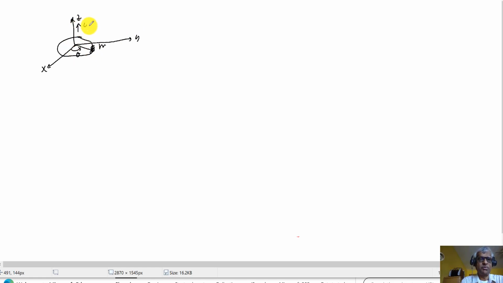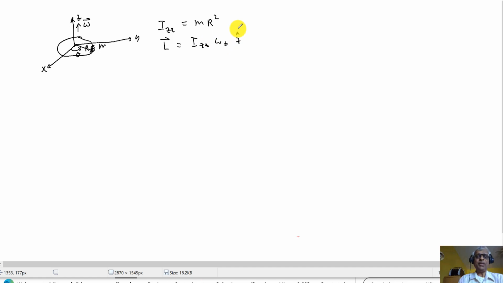So this is the omega direction, and we found that Izz is the only one I need, and that was m, and this distance is R squared, and L just turns out to be Izz omega z hat.